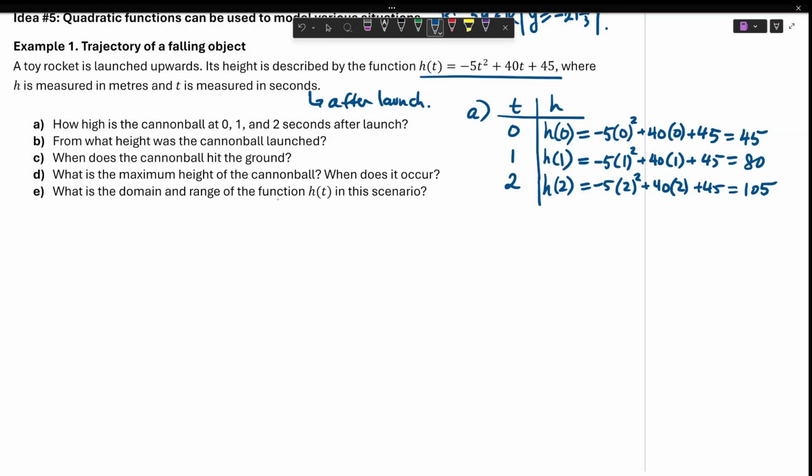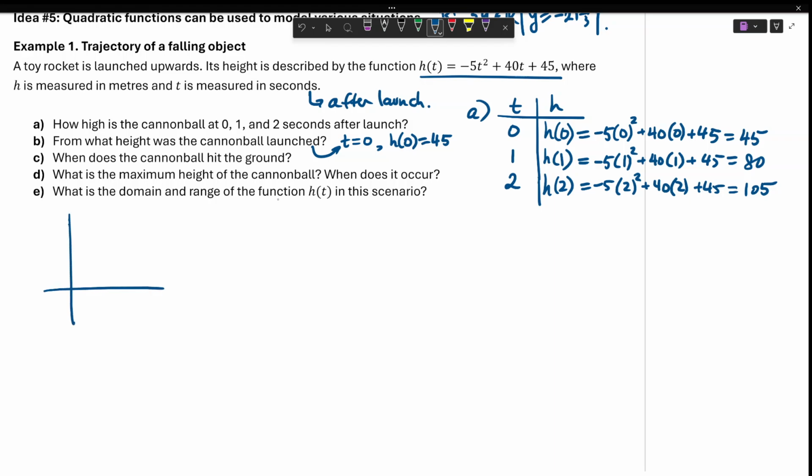Now part B, it says from what height was the cannonball launched? Well, when it's launched, time is equal to 0. So the height is just 45 meters. Now let's draw a quick sketch just to help us visualize, right?